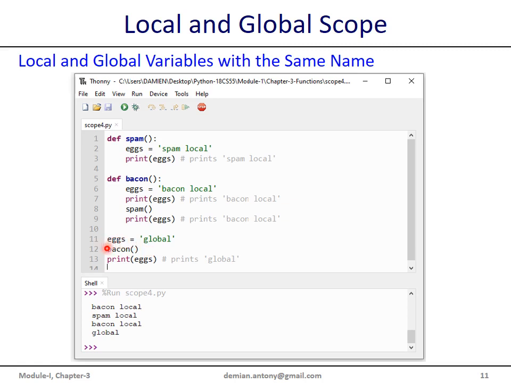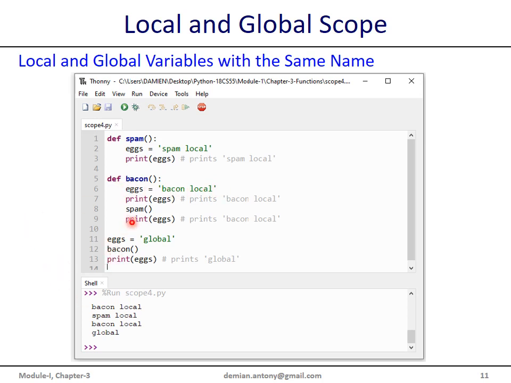First, this function is called, program control is transferred to this function, and now x gets the value local, and we print and we get this answer. Then this second function is called, that is spam is called. Again x gets a different value and spam local is printed, and upon termination we print the value x again, and we get the same value as that which is assigned.